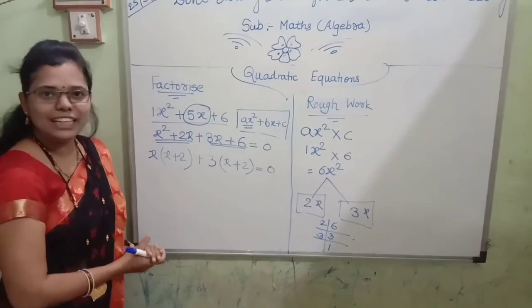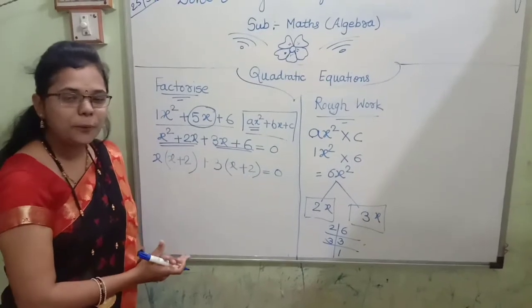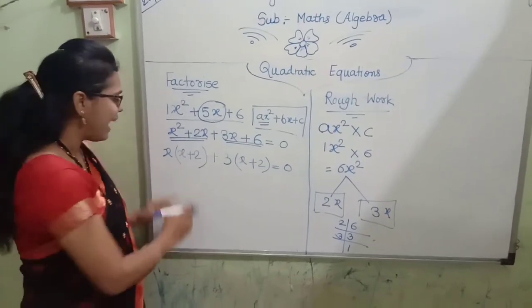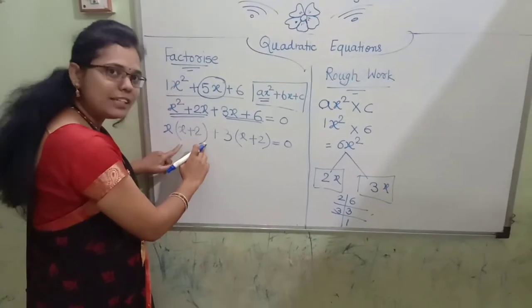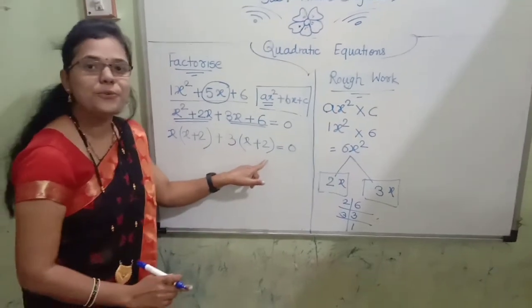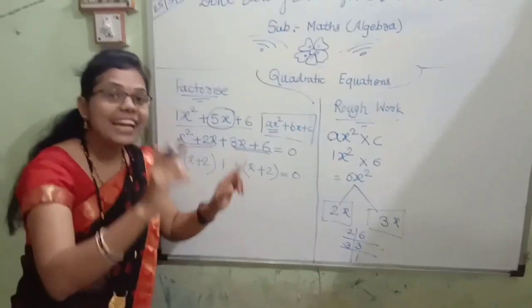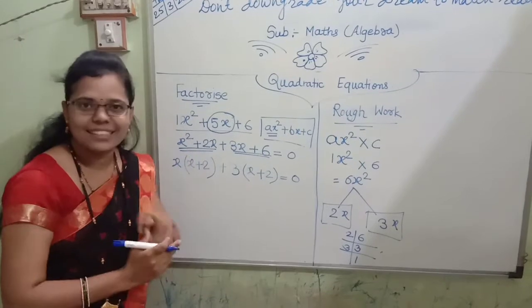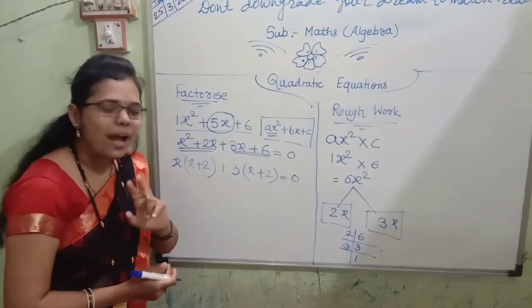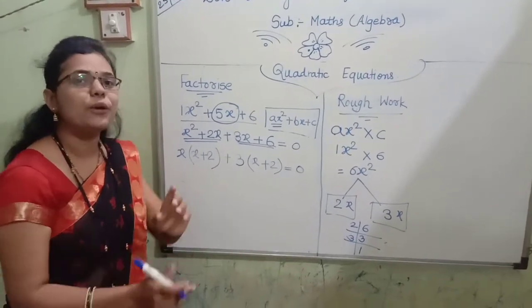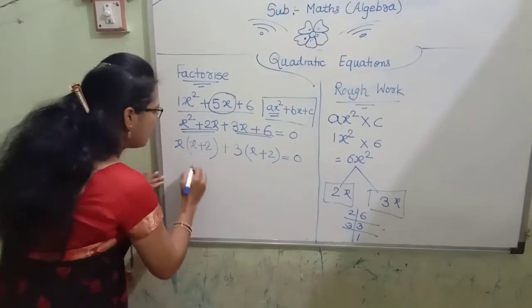If, my dear children, you will focus toward the board, then one thing you can understand: x plus 2 first bracket and x plus 2 second bracket, it repeated twice. So children, we are going to write only one time x plus 2.